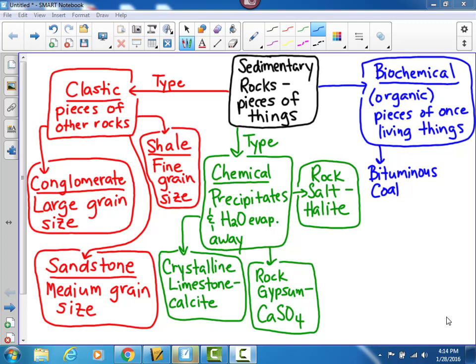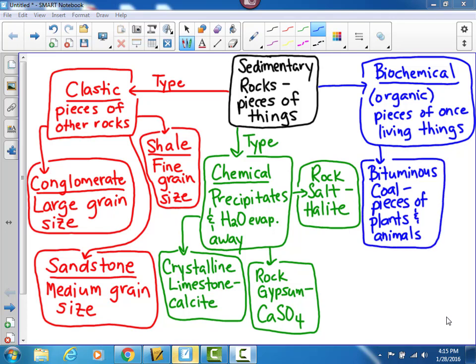And that coal is made from pieces of mostly plants, but some animals as well. And they've been long dead, buried under lots of pressure underground, and eventually those pieces of plants and animals decay and are under enough pressure that they turn into the rock bituminous coal.